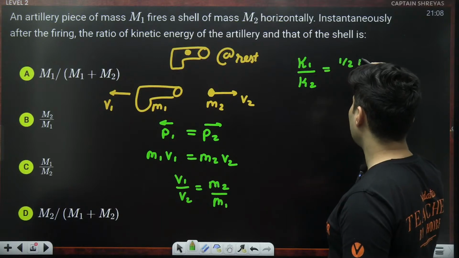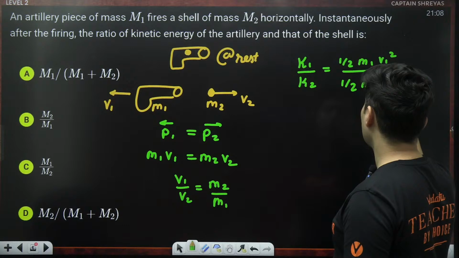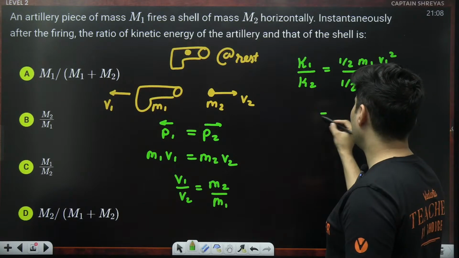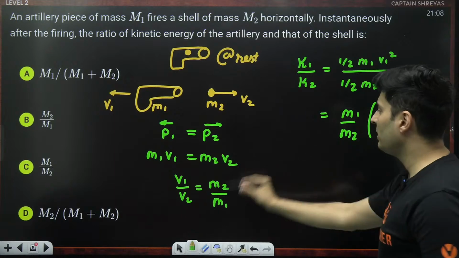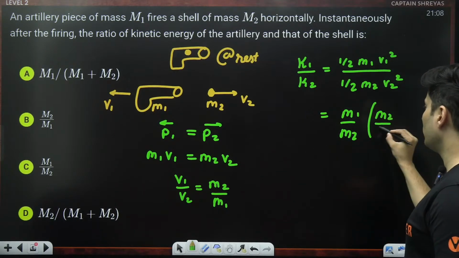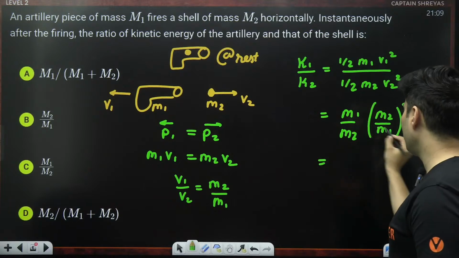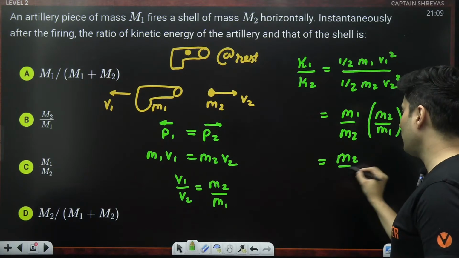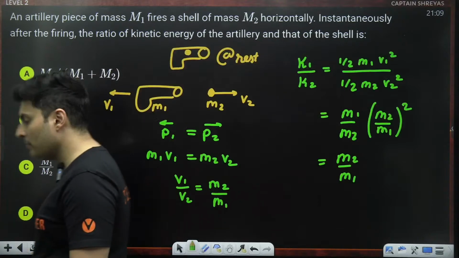It will be half m1 v1 square and half m2 v2 square. So half cancels, m1 by m2 remains. Here v1 by v2 is m2 by m1, so it will be m2 by m1 whole square. You can see m1 m1 m2 m2 cancel, so it will become m2 by m1 again, right? So which makes it option number B.